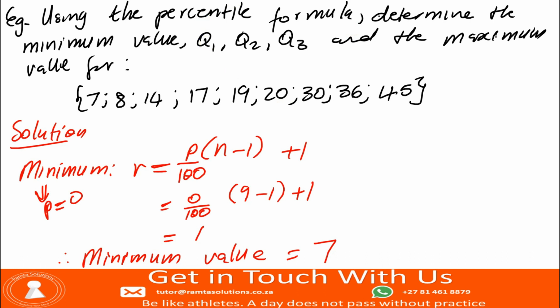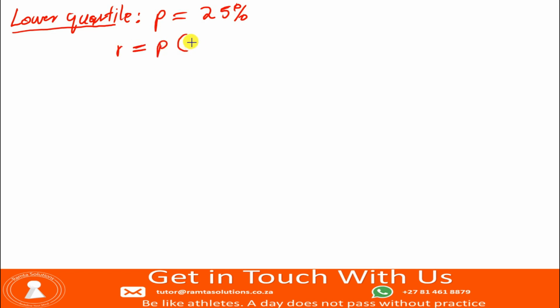All right. Now let's go to the lower quartile. P is 25%. R equals P times (n minus 1) over 100, plus 1.